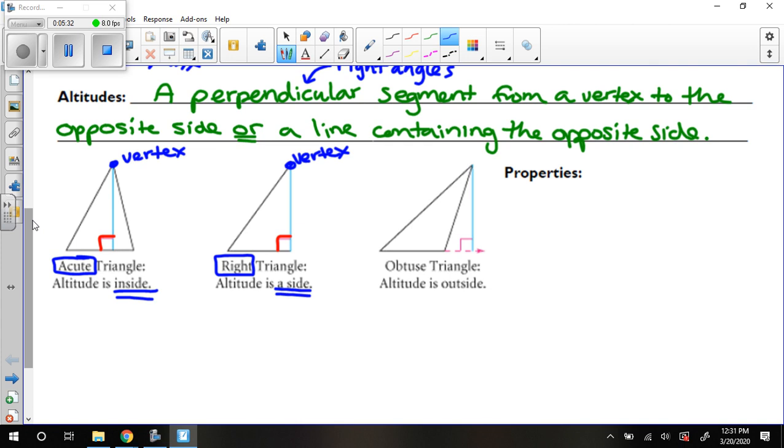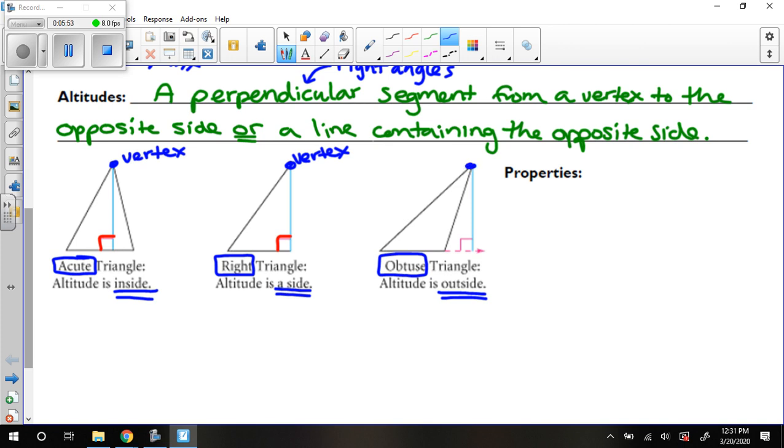Okay, the third option here is for an obtuse triangle and the altitude is outside. That's why in the description I said the altitude is a segment that goes from the vertex to the opposite side, or a line containing the opposite side.